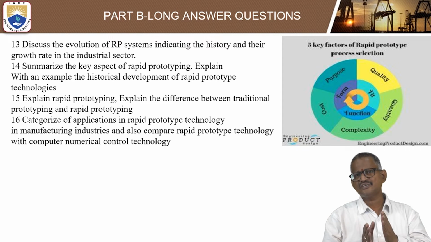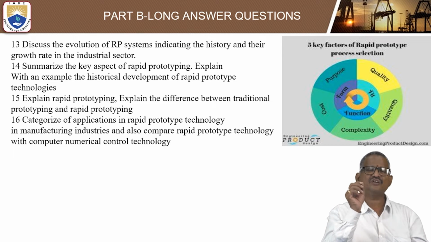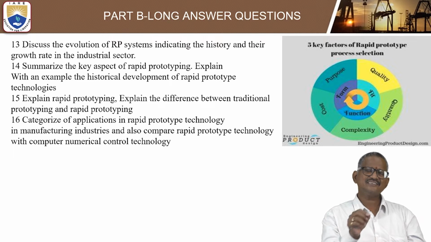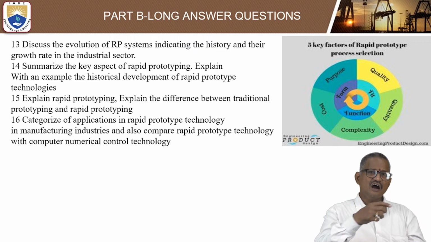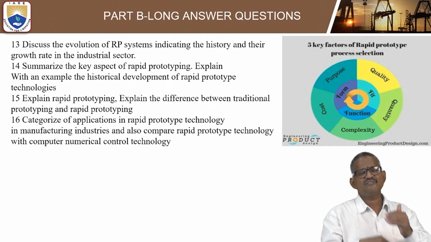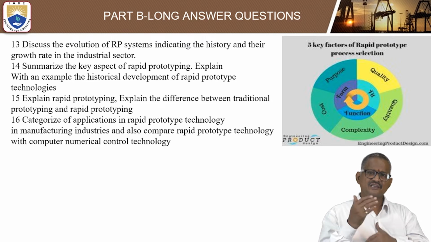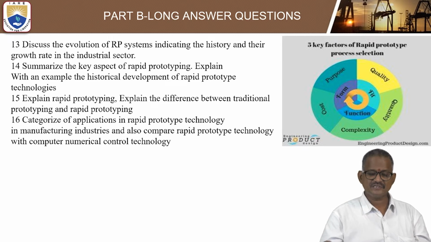Here the students are supposed to write clearly when rapid prototyping started, and also indicate the history, at least for the past 10 years, and how the growth rate develops each year, or every 2, 5, or 10 years. That can be explained with a graphical representation.